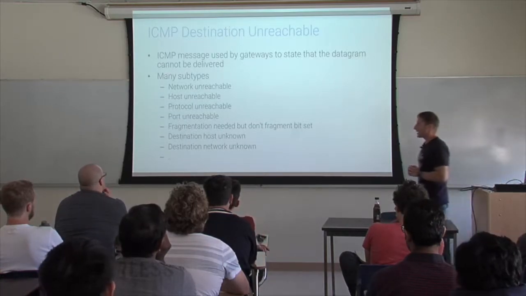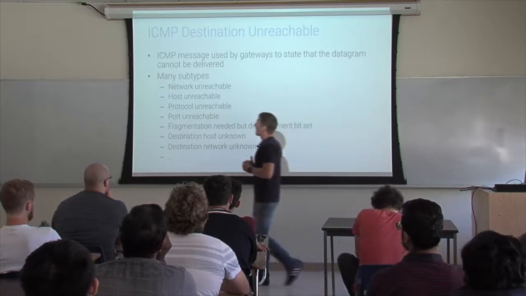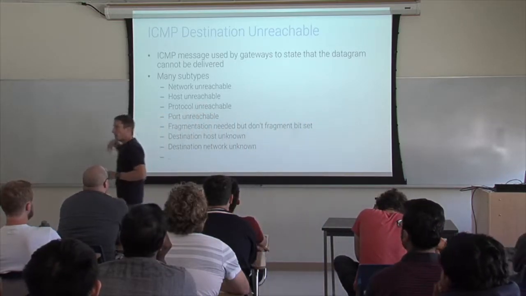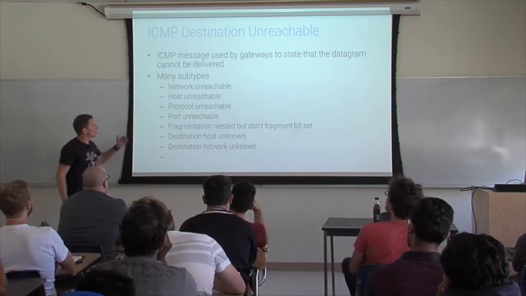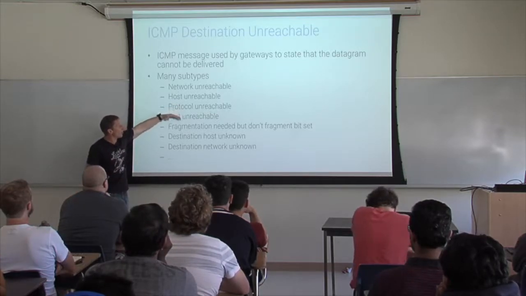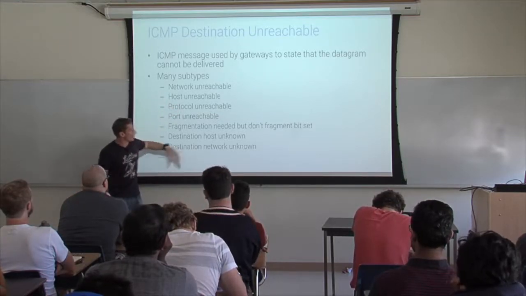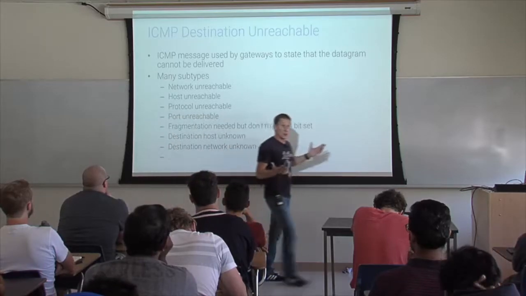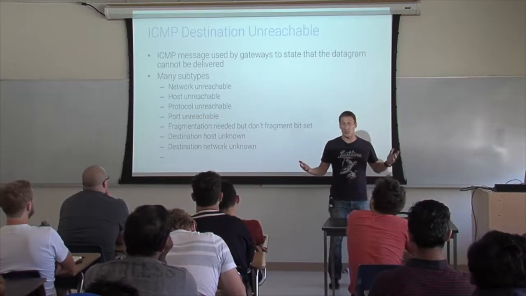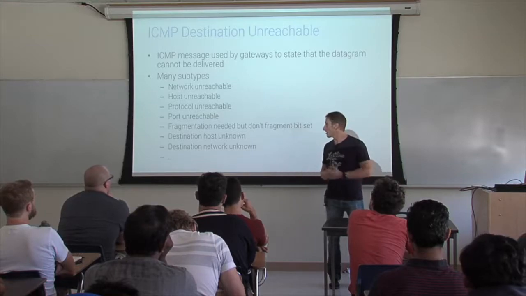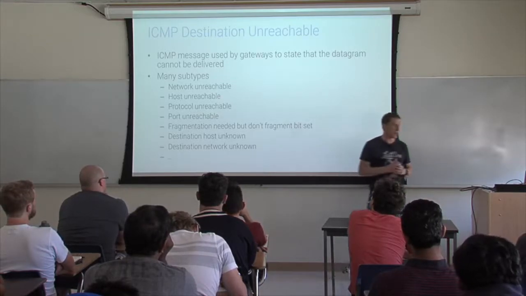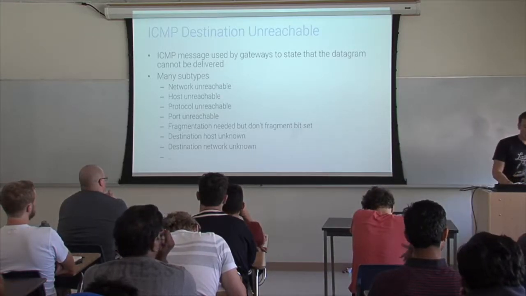Then, of course, there is ICMP destination unreachable. There are many subtypes that say, hey, you cannot reach this particular host. The actual port is unreachable, or you need fragmentation, but you decided to mark that IP message as non-fragment, and so forth. And so you can use this in a number of ways.